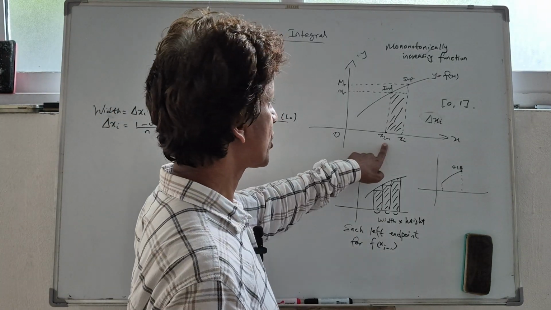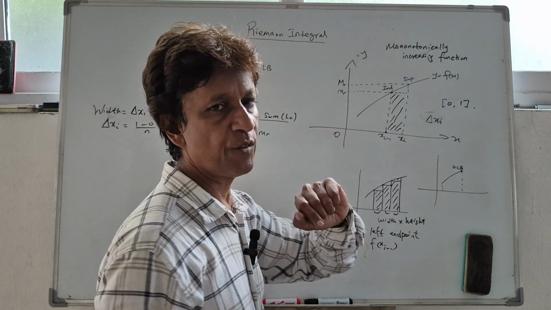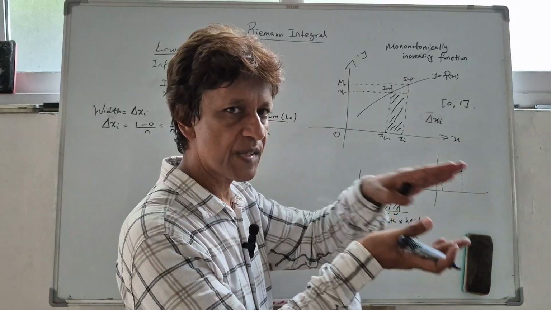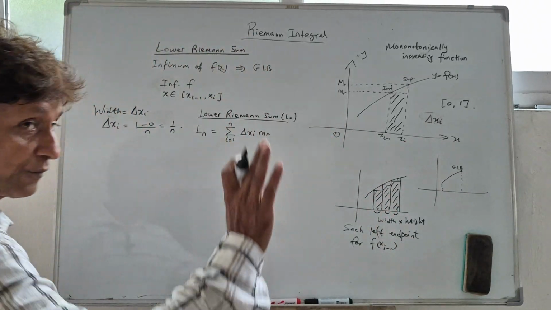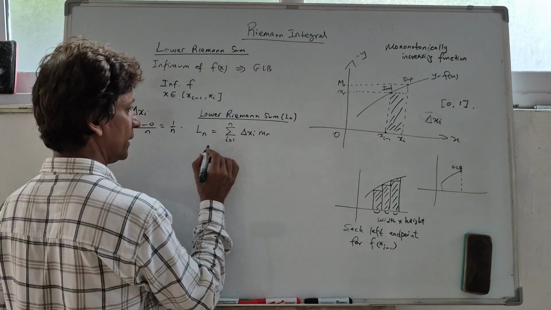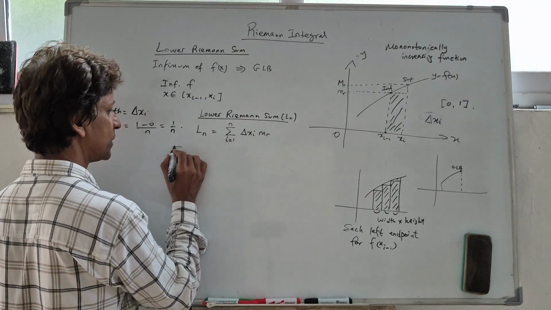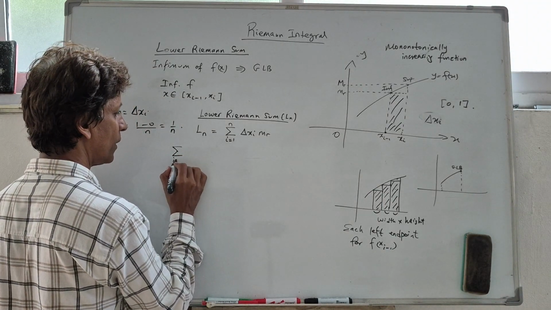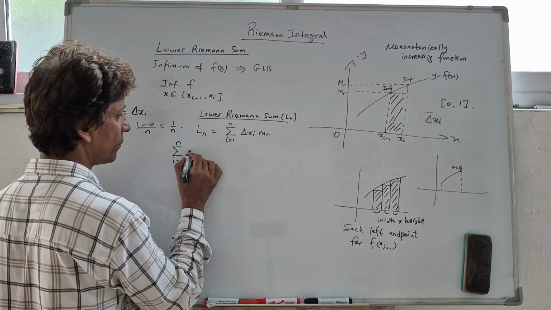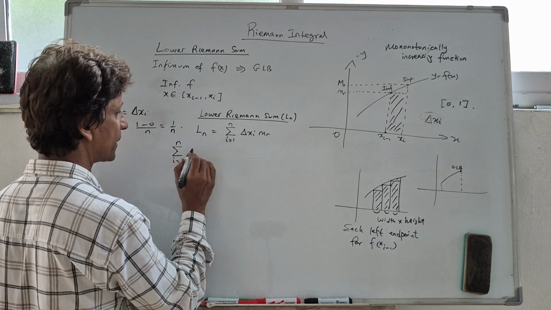Because when you substitute this into the function, you take the infimum. We are taking the infimum because we need the lower sum, not the upper sum, for the time being.